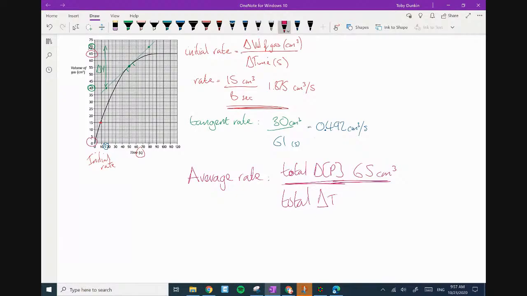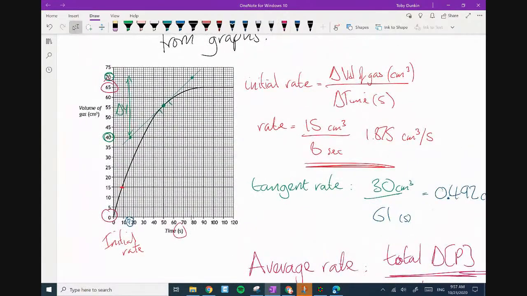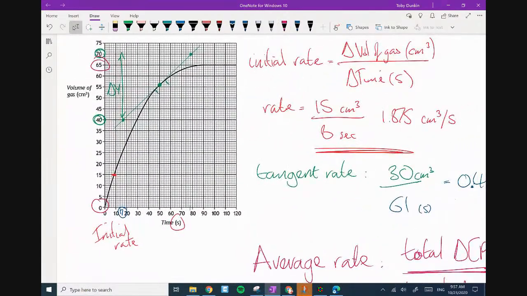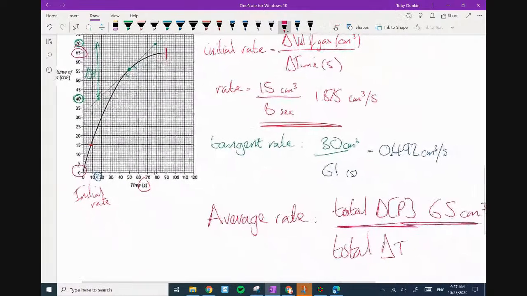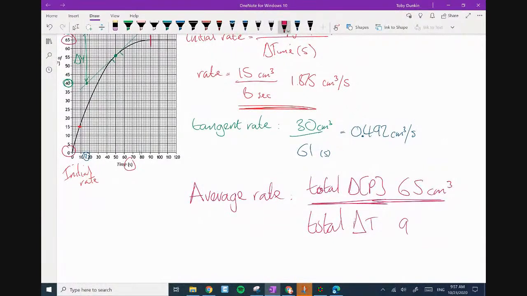Yeah, until it stopped. Now that's important because otherwise people could just use an infinite amount of time. But what you have to do is realize that it stops there, stopped at 90. Total change in time until reaction stops. So 65 over 90.